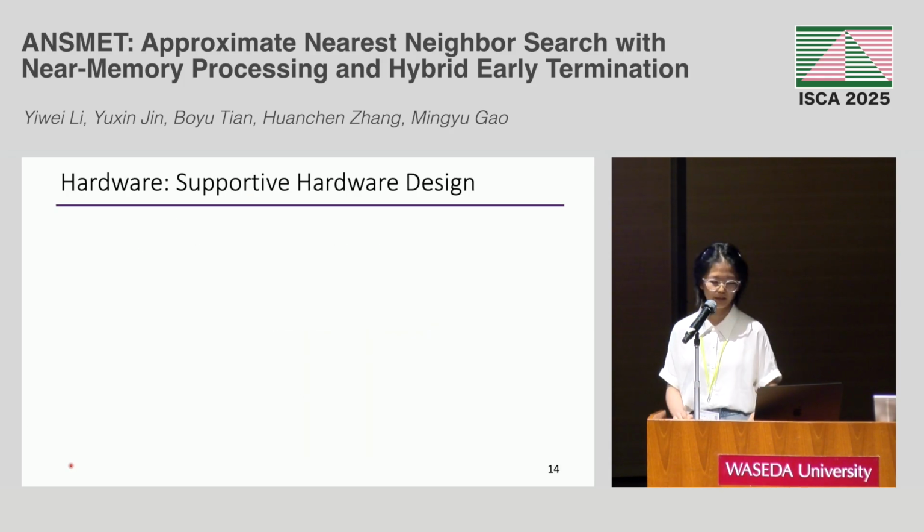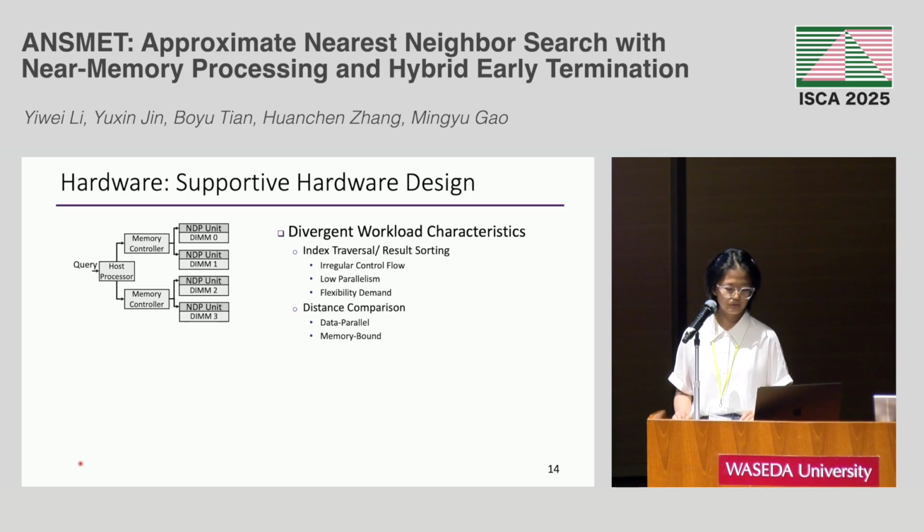So after looking into the software optimizations that have enhanced the fetch utilizations, let's look into the hardware support for truly applying ANS to NDP hardware. As we noticed in the demonstration of HNSW at start, the workload characteristic is quite divergent.